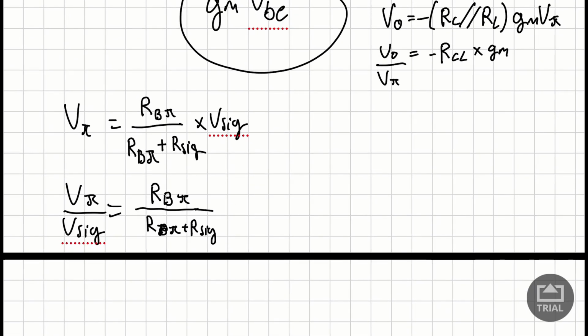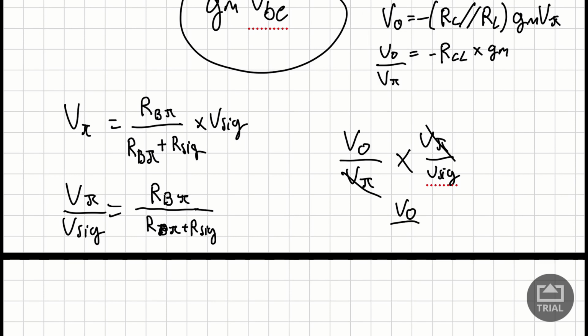So if you don't see it already, what we've pretty much done is we've made VO over V pi, and we've also made V pi over V sig. And what's so cool about this is that when we multiply these two, we can just cancel out the V pi's, and we end up getting VO over V sig.